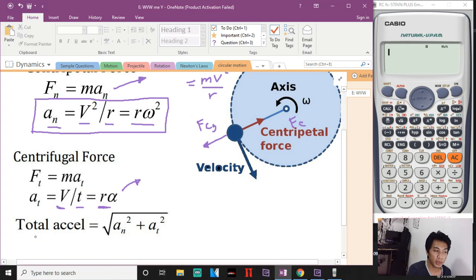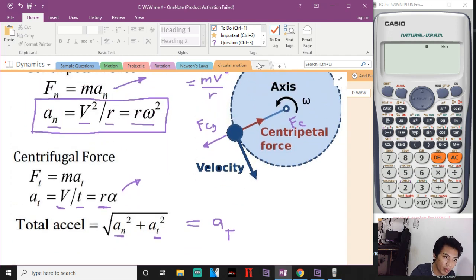And then, for the total acceleration, that is the normal acceleration squared plus yung centrifugal acceleration squared nyo. Kunin nyo yung square root nila to get the total acceleration. Ito yung total acceleration.